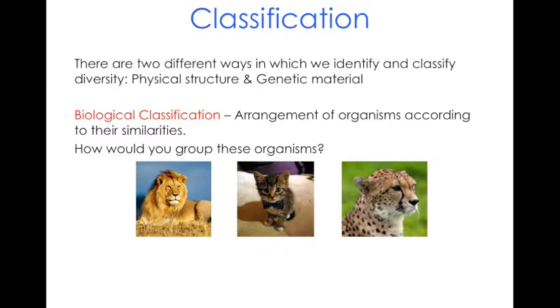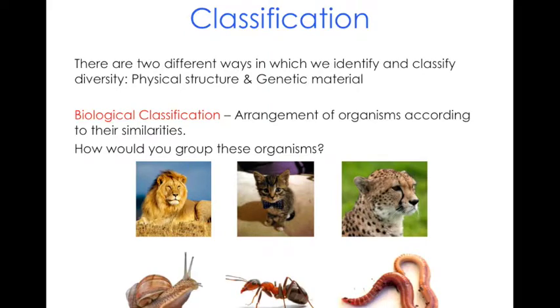And that term cat family is actually a scientific term that we use to classify different species of felines. In this case, this is Panthera leo. This is Felis catus, and actually I don't know what the cheetah is called, so I'm just going to skip it.